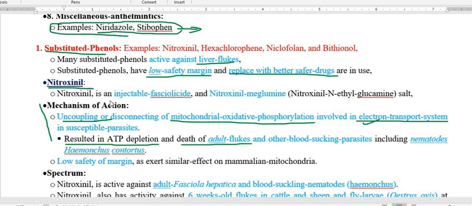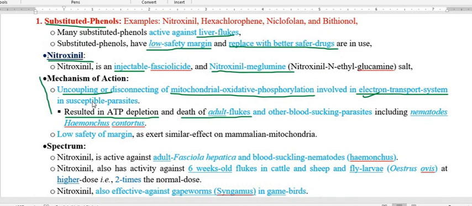Nitroxynil is available as an injectable preparation and its salt is called nitroxynil meglumine. Regarding the mechanism of action that we already discussed, it uncouples mitochondrial oxidative phosphorylation and therefore decreases ATP generation of the susceptible fluke, and the fluke gets paralyzed and killed.